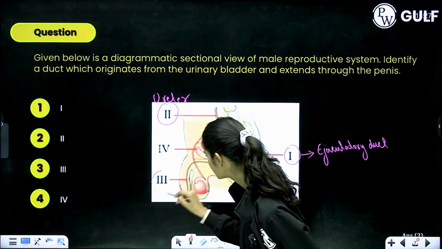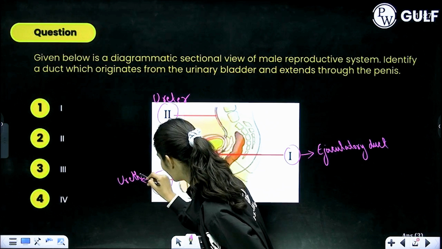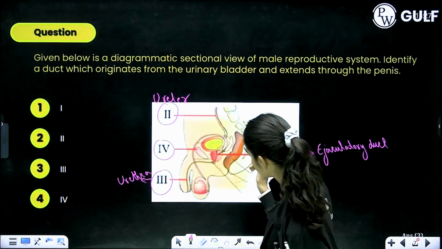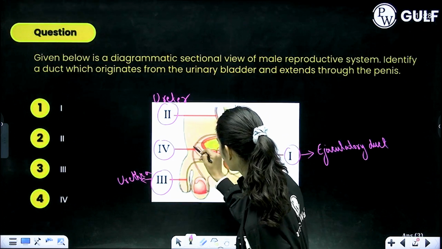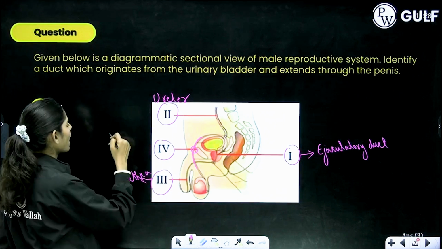Then we have the third part, which is a tube called the urethra. And the fourth part, which is again a tube, is the vas deferens.